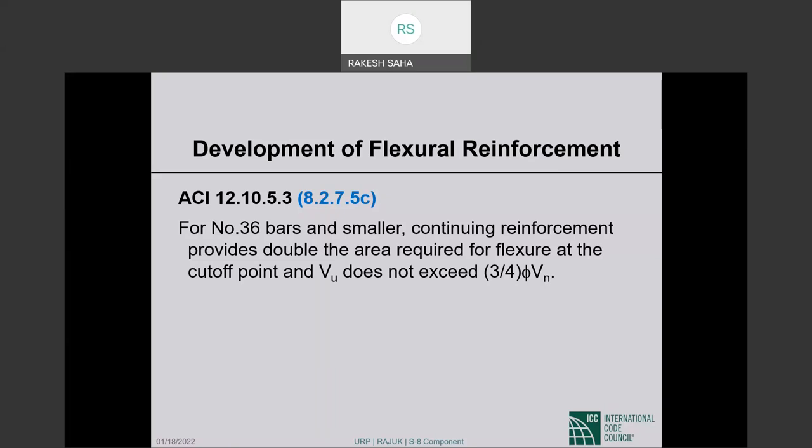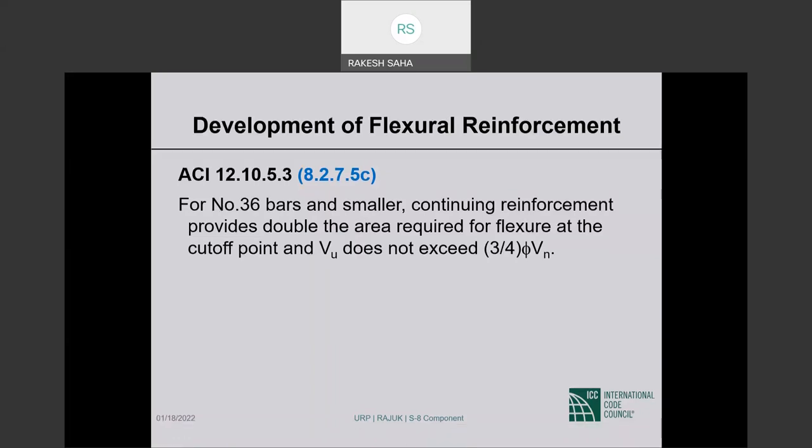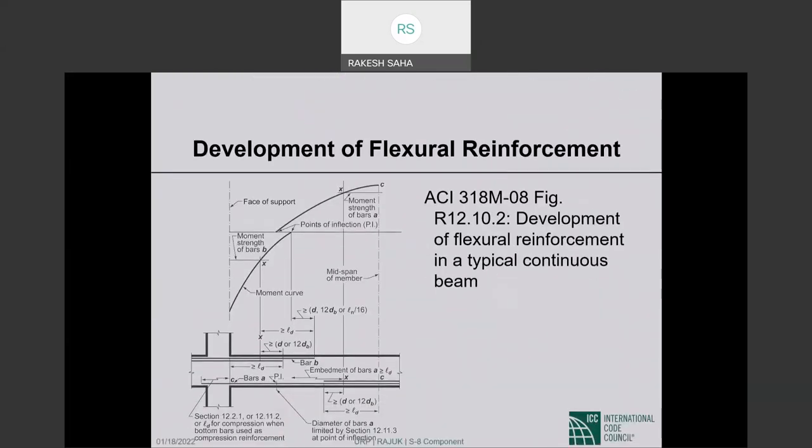Now we are requiring V sub U not to exceed 3/4 of phi times V sub N, and in addition we are placing a limitation on bar size and saying continuing reinforcement provides double the area required for flexure at the cutoff point. So the first of the three conditions is the simplest, and we typically go with that. It is the summary of what I'm trying to tell you.